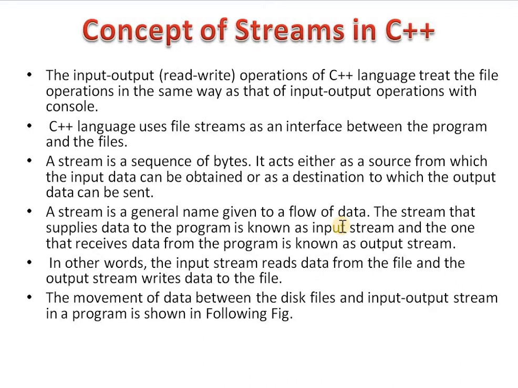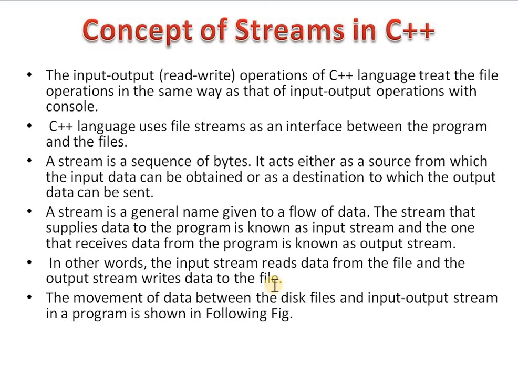Input provided to that particular program is called input stream, and the data received from that program is called output stream. In other words, the input stream reads the data from a file and the output stream writes the data to the file. In short, the input stream reads the data from the file, and the output stream writes the data to the file.